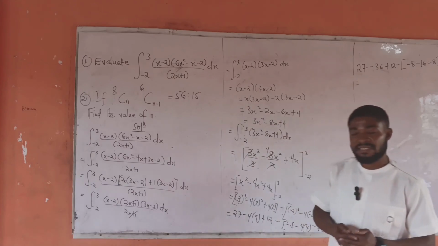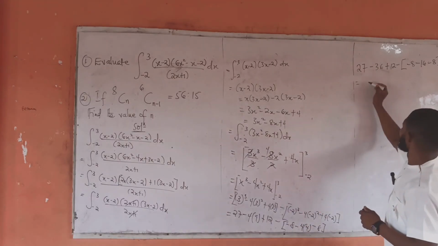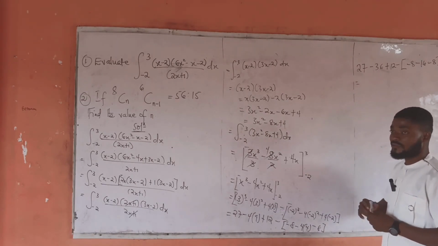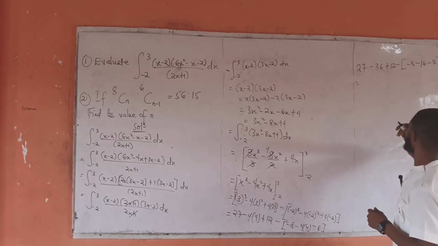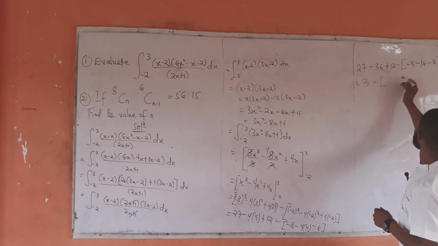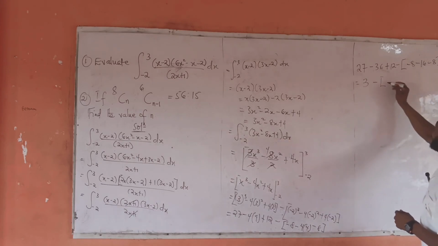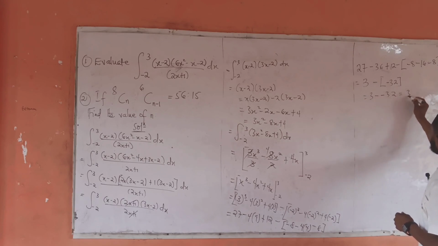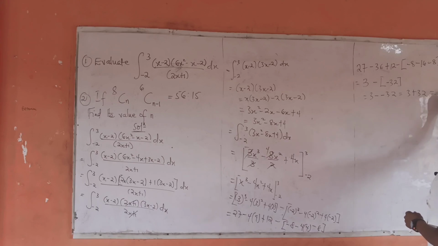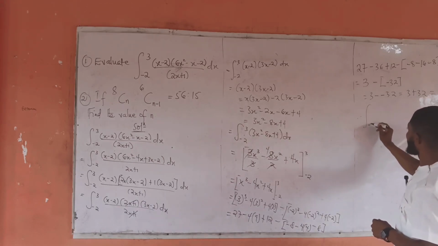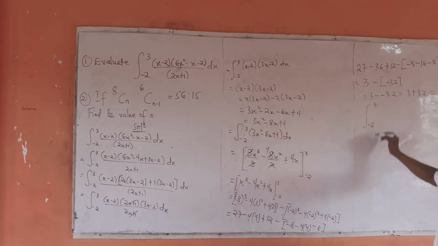So difference negative 9. And then negative 9 plus 12 should be a difference of positive 3. This is 16 to minus 32. So therefore, the integral from negative 2 up to positive 3.